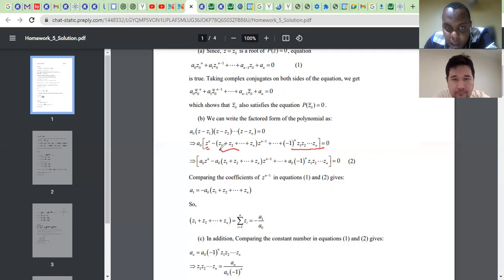But whatever he did here, so this is Z to the n minus 1. And then we're going to have Z to the n minus 2.